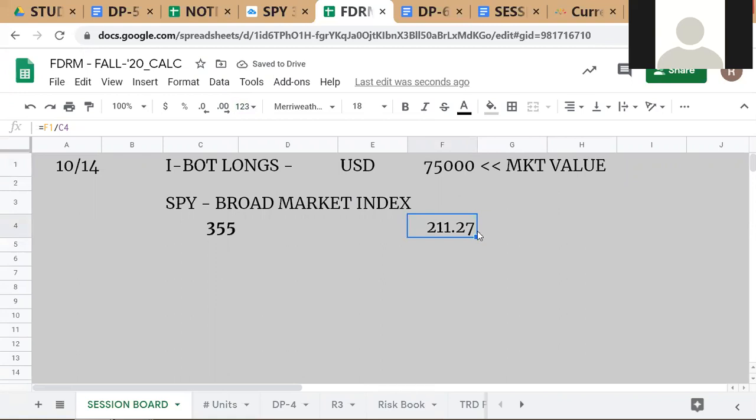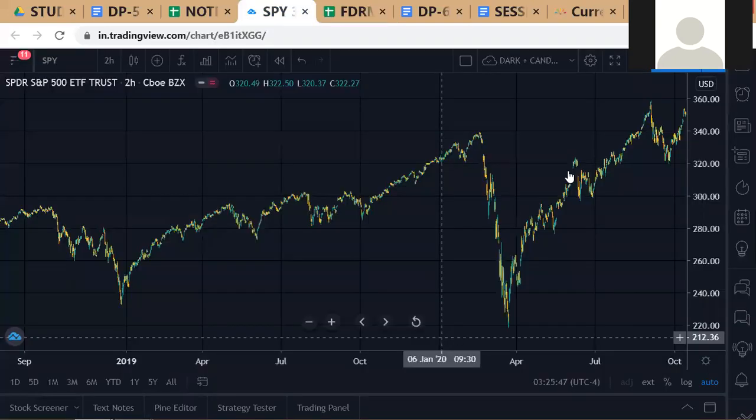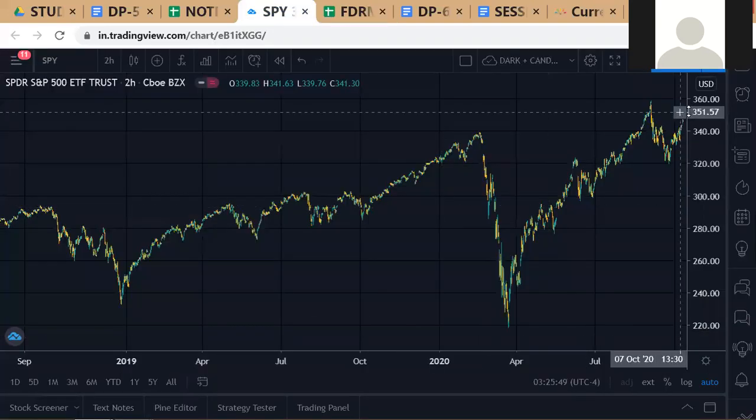This 0.27 you'll have to forget about. You have to take the integer of this, which is 211. So you want to sell 211 units of SPY.